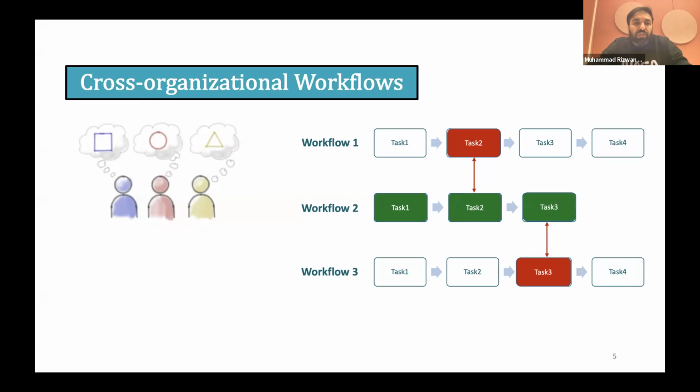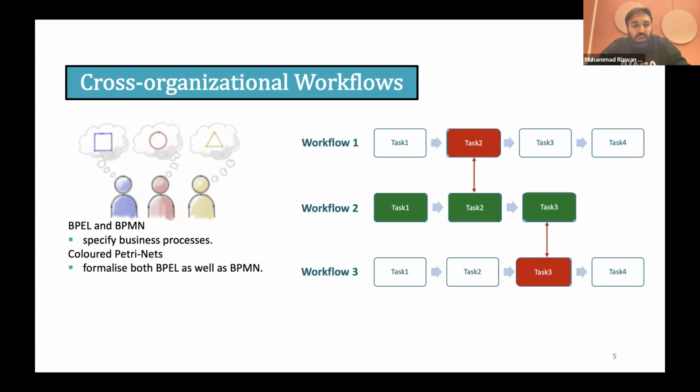Furthermore, in the literature, extensive research has been done in the area of workflow planning. For example, BPEL and BPMN have been developed to specify business processes. Both BPEL and BPMN have been formalized with the help of colored Petri nets.